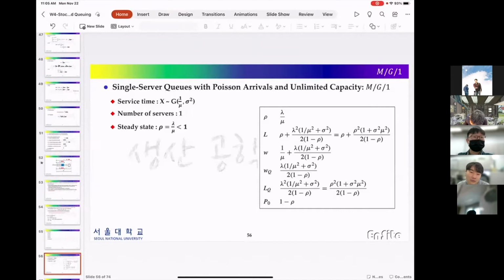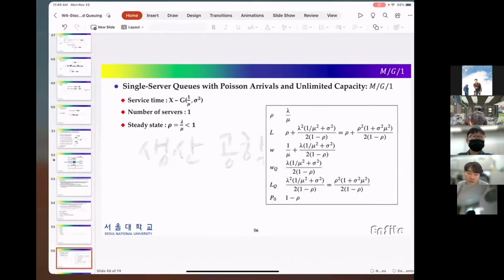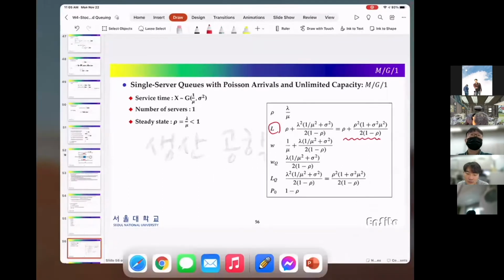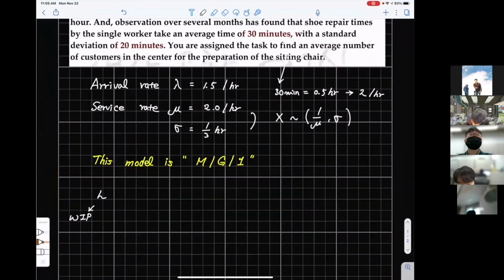So in this table, we are going to use this formula. Let's copy that formula here. L equals rho plus rho squared times (1 plus sigma squared) over 2(1 minus rho).